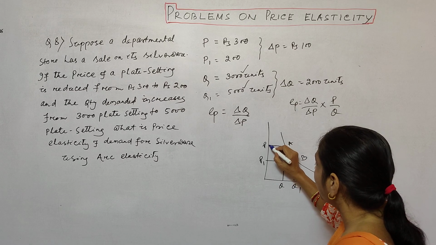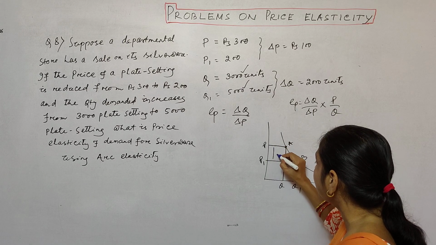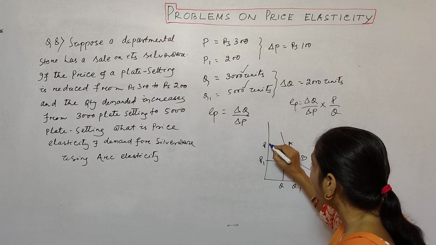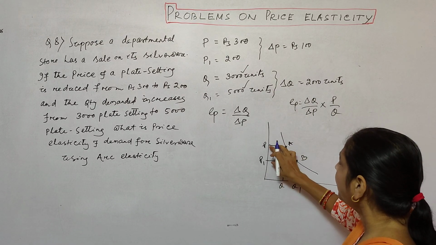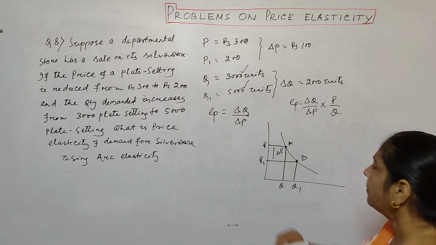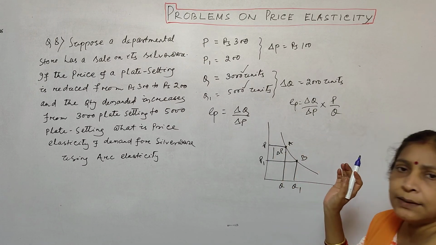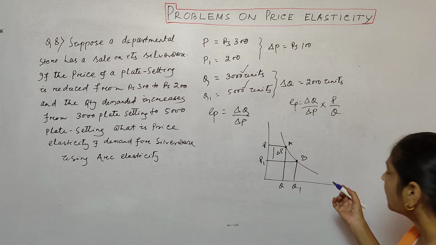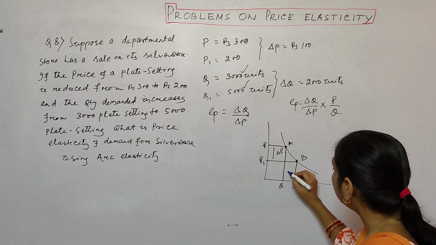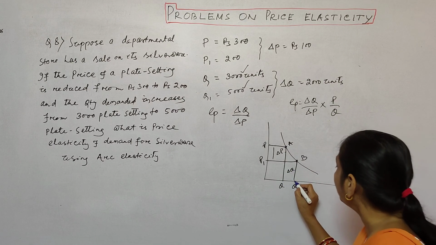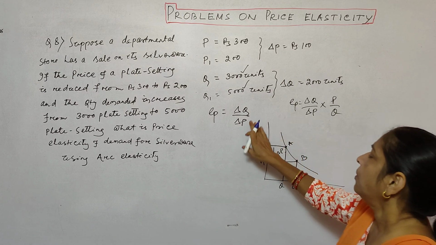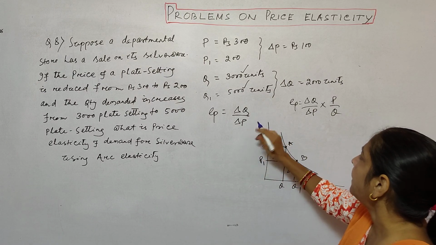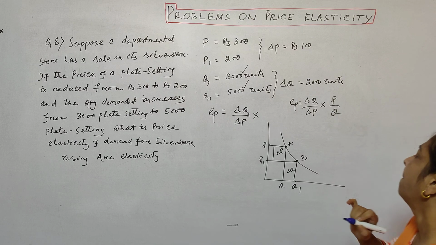Whether price goes from P to P1, this is our delta P, or from P1 to P, this is also our delta P. Just like this, from Q to Q1, this is delta Q, and from Q1 to Q, this is also delta Q. So the change portion remains the same. So we have to put this delta Q by delta P into.